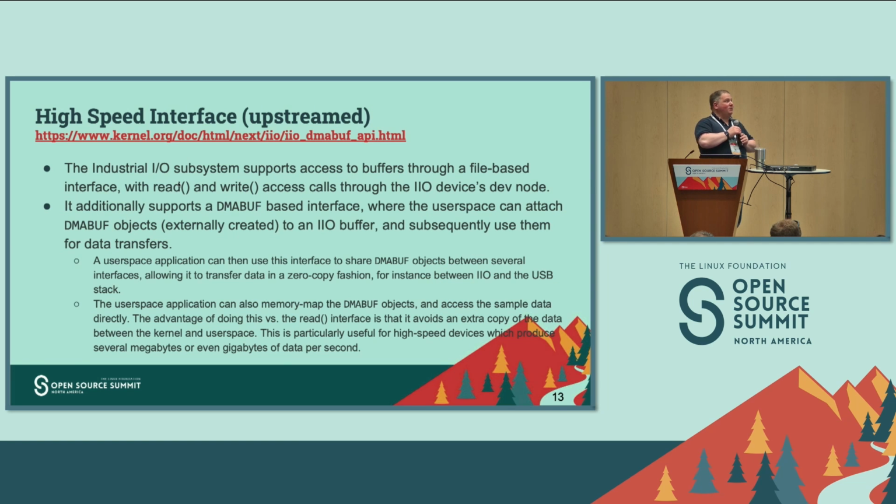Now, the high-speed interface that was upstreamed, prior to about a year ago, every different subsystem in the kernel that wasn't the DMA subsystem wanted a custom DMA framework for their interfaces. And that was everything from GPU to the Video for Linux folks.